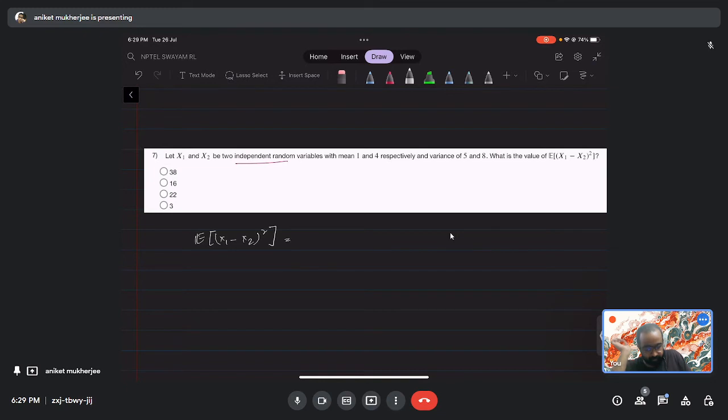Expanding the square, we get x1 square plus x2 square minus 2 x1 x2. Since expectation is a linear operator, the expectation of x plus y can be written as expectation of x plus expectation of y, where x and y are two random variables. So I'm using the linearity of expectation and splitting it up.